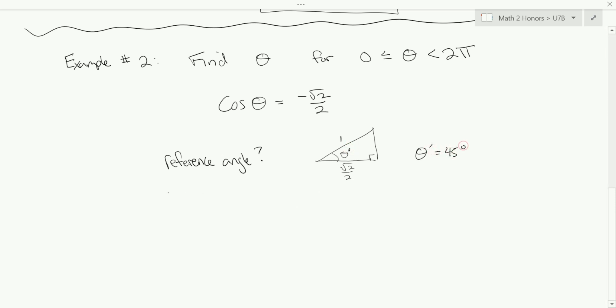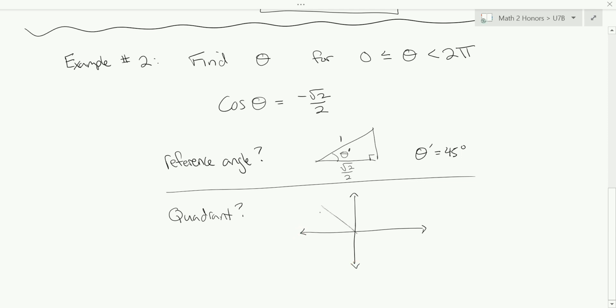All right. So then we're saying, now which quadrant should we put this in? And here's where the negative matters. Cosine theta is equal to negative root 2 over 2. So in which quadrant will cosine be negative? If we draw this triangle in quadrant 2, put a 45 degree angle there, and look at the cosine down here, this is going to be negative root 2 over 2, so it works out.